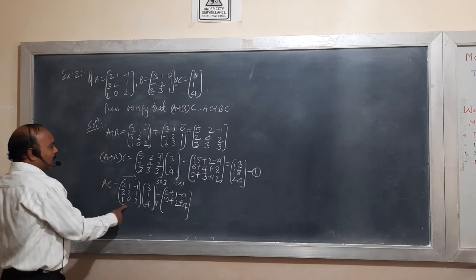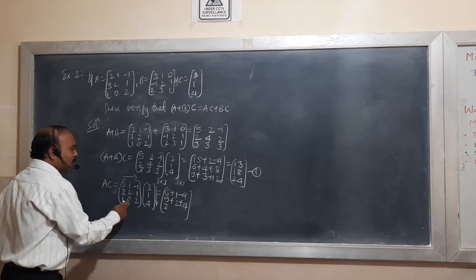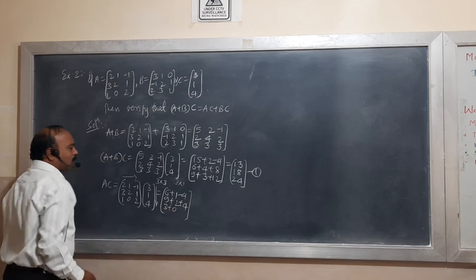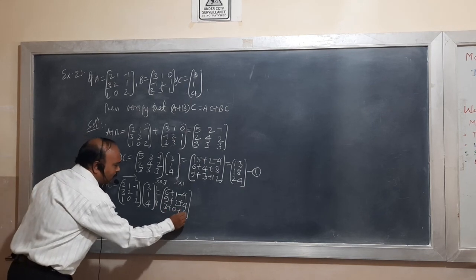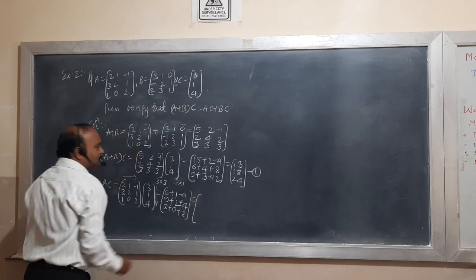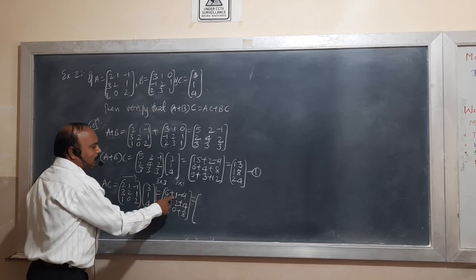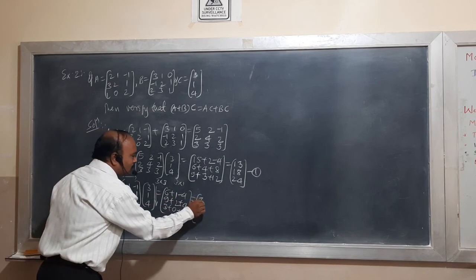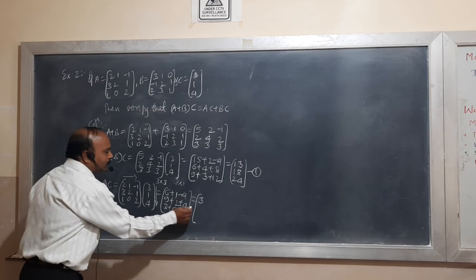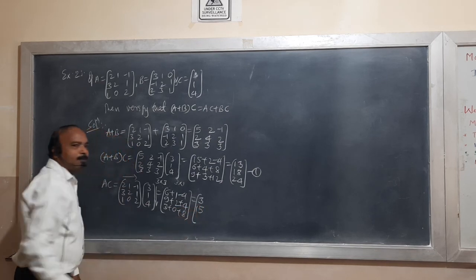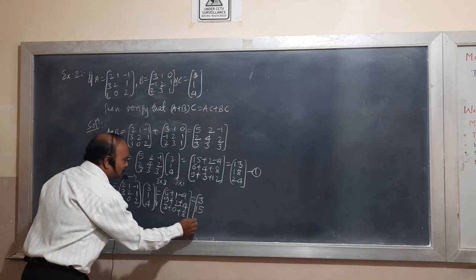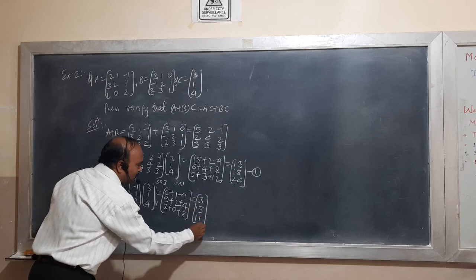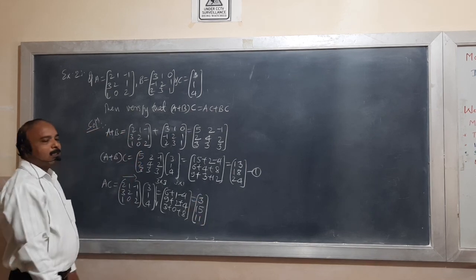Next 1 into 3 is 3, plus 1 into 0 is 0, plus 2 into 4 is 8. We get 6 plus 1, 7 minus 4 is 3, 9 plus 2, 11 plus 4 is 15, 3 plus 8 is 11. Now it is the matrix AC.